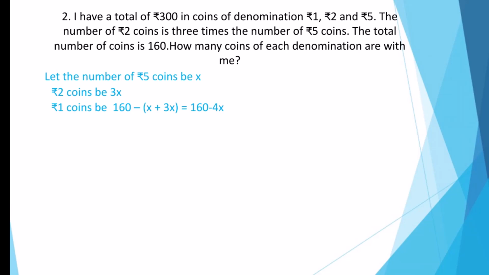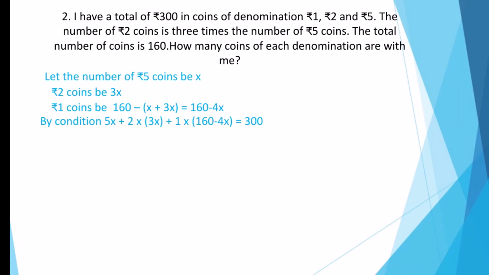The number of rupees 5 coins x, plus the number of rupees 2 coins, plus the number of rupees 1 coins is 160. So the rupees 1 coins can be written as 160 minus x plus 3x, which simplifies to 160 minus 4x.